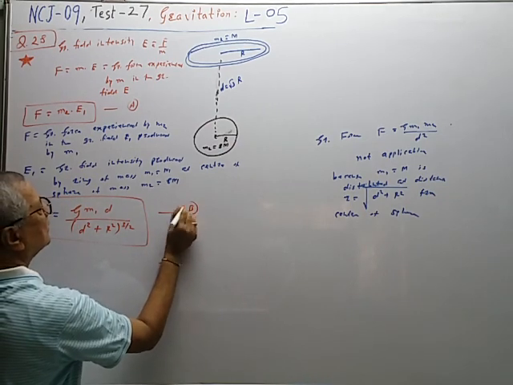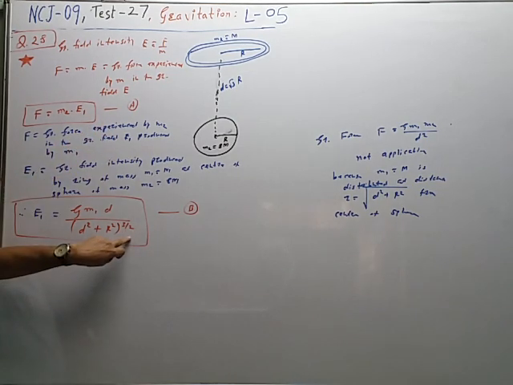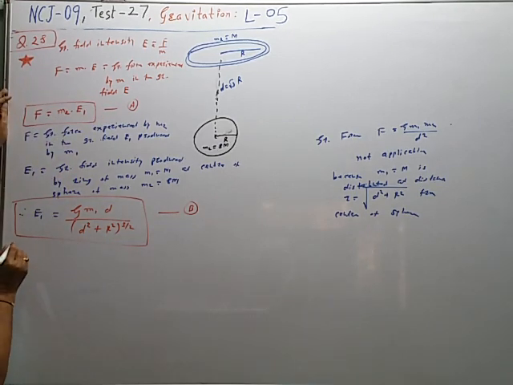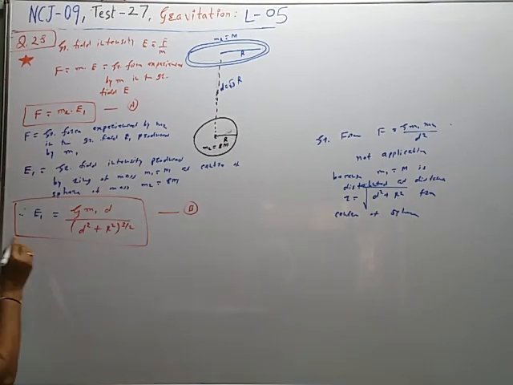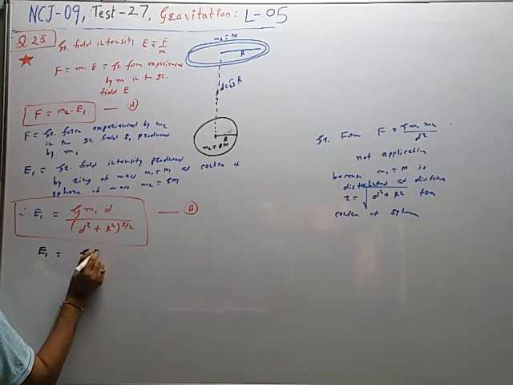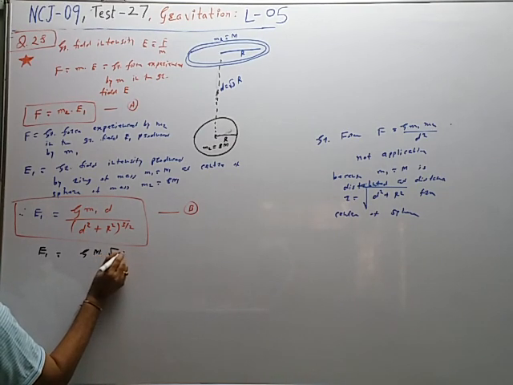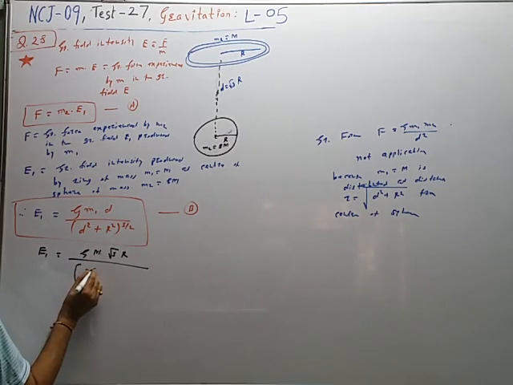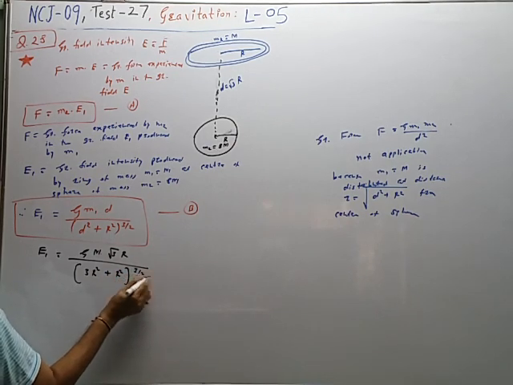This is equation capital U. So this relation we already know. This relation is new for us to be derived. So substitute this value of E. And therefore E1 is equal to G M1 is equal to capital M into D, D is equal to root 3 times R, upon D square is equal to 3R square plus R square raised to 3 by 2.